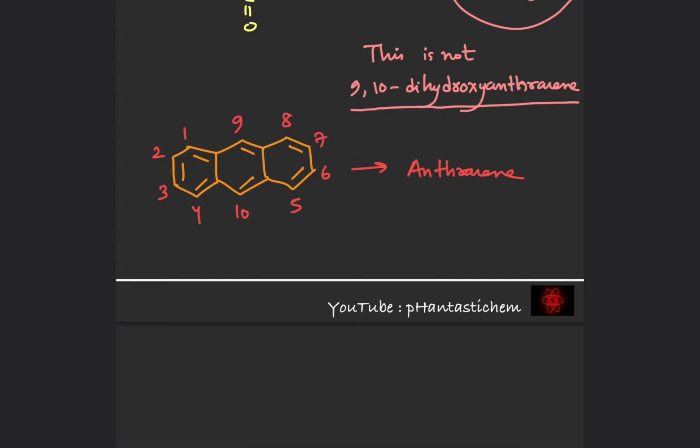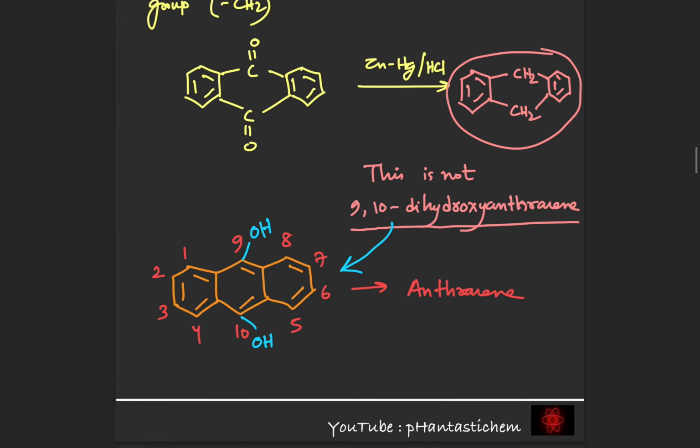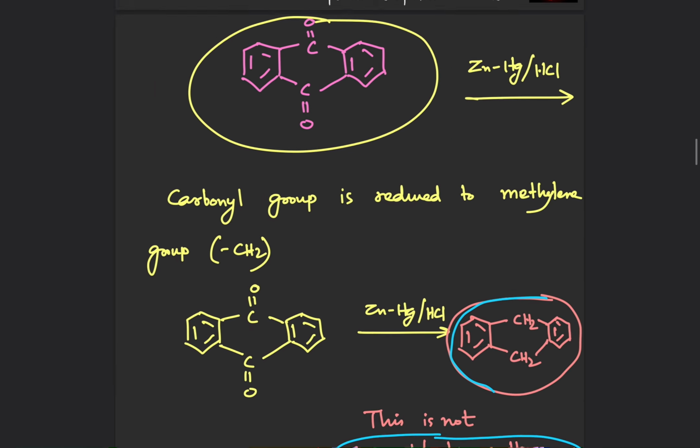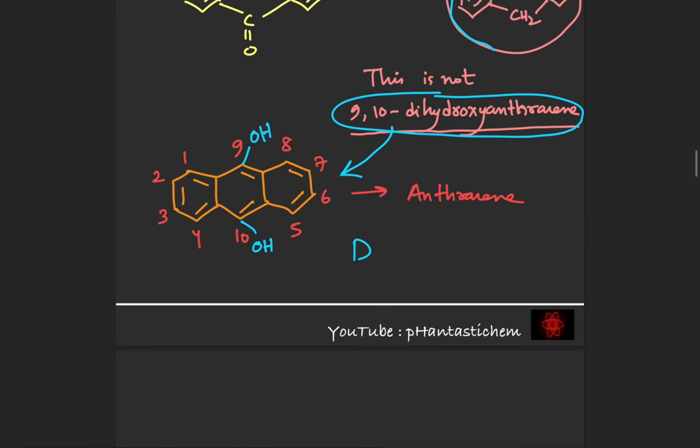Normally there is one hydrogen in the 9 and 10 positions. So 9 comma 10 dihydroxy anthracene will have OH instead of hydrogen here. So this is the structure of 9 comma 10 dihydroxy anthracene. Okay, so the structure that we got is not 9 comma 10 dihydroxy anthracene. Okay, so therefore D is an incorrect statement.